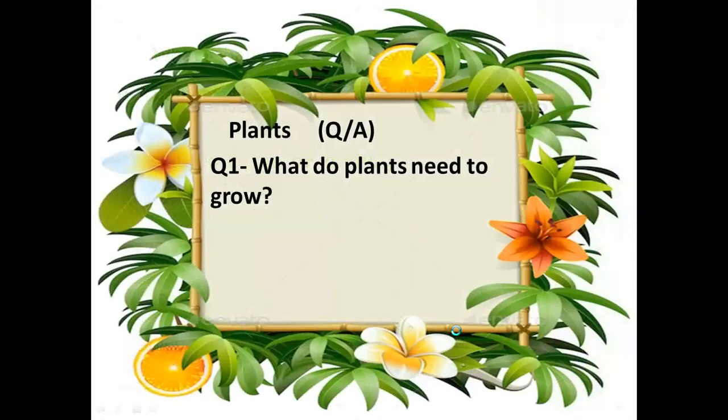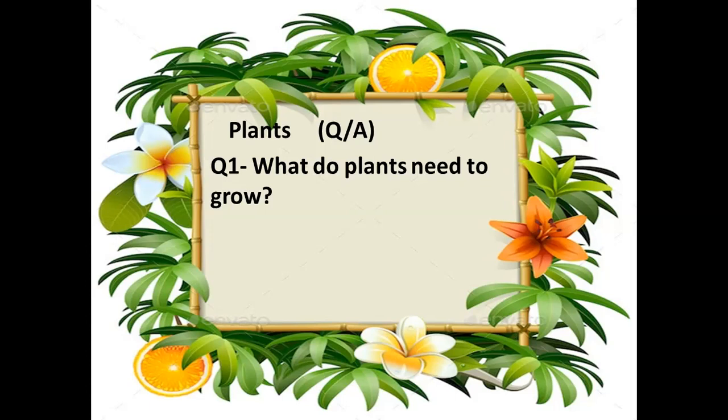Our next lecture is plants. So, what do we learn in this chapter? We learn about herbs, shrubs, and trees; according to the stem, we divide plants into three categories. Trees have a strong woody stem, they are tall and live for many years. Shrubs have a woody but narrow stem; they are small but strong and live for a few years.